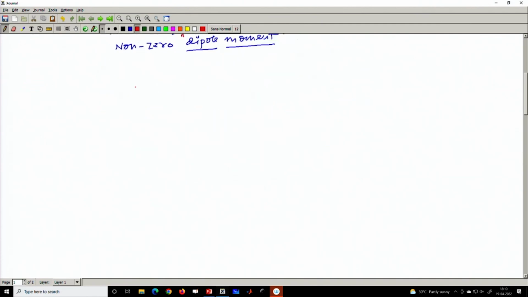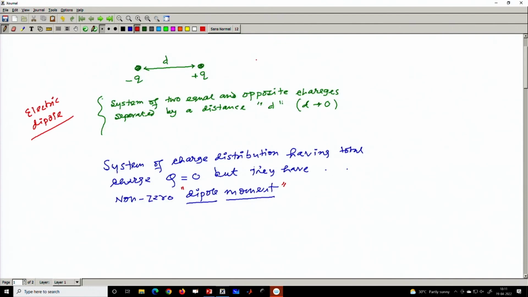So, dipole moment in the discrete case, the dipole moment p is charge multiplied by the separation. This is the way we define it. So, this is my dipole moment.